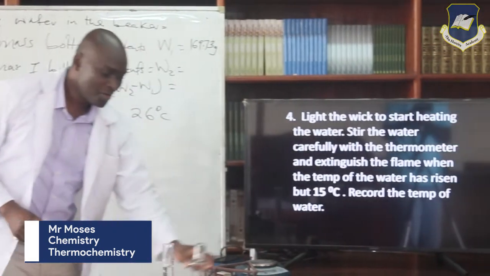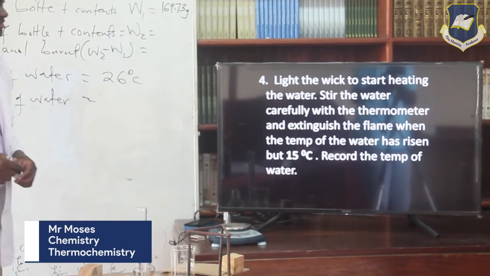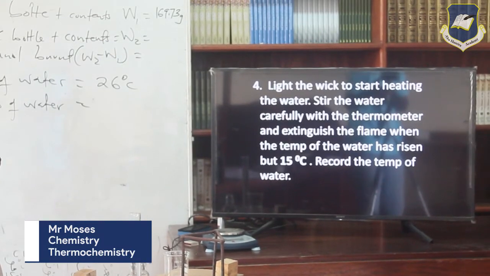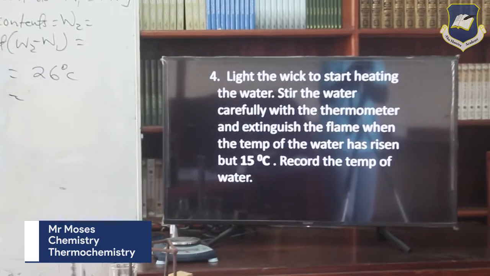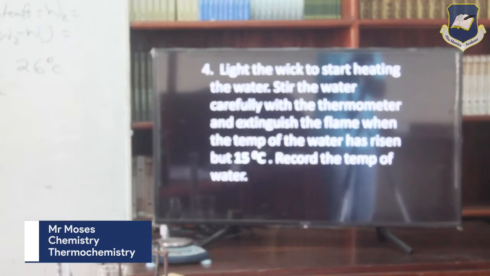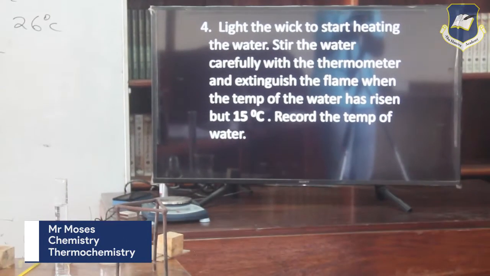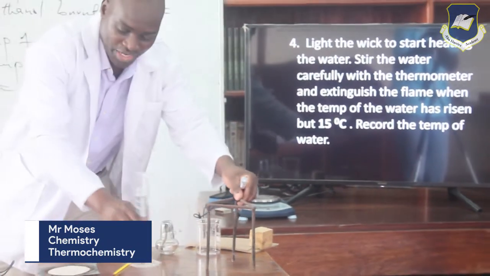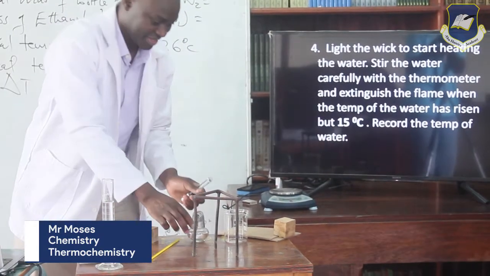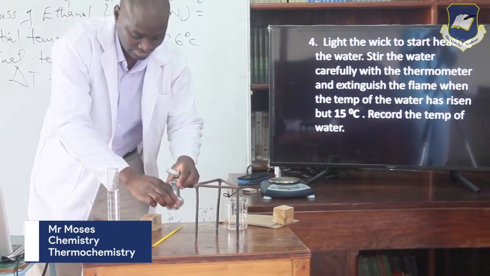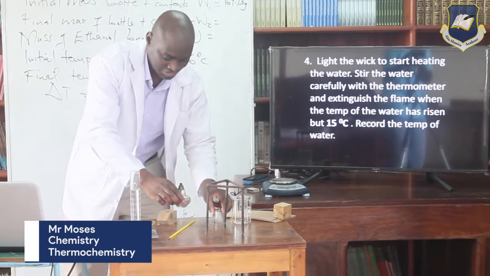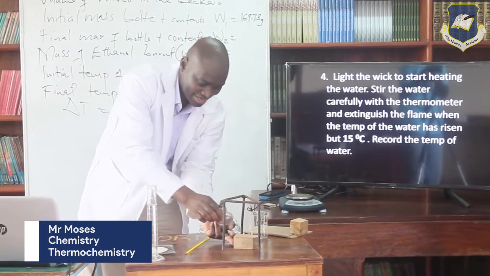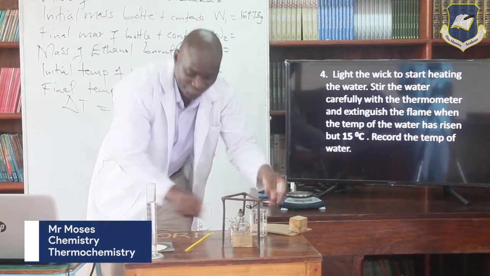In step 4, we are told to light the wick to start heating the water. Stir the water carefully with the thermometer and extinguish the flame when the temperature of the water has risen by 15 degrees Celsius. So we are going to heat. Now, I will remove the cap and place my spirit lamp here.